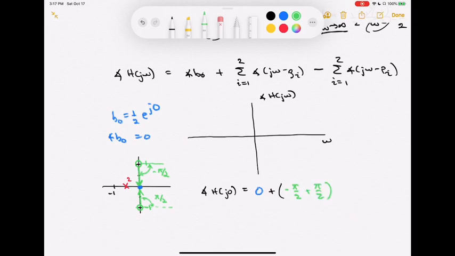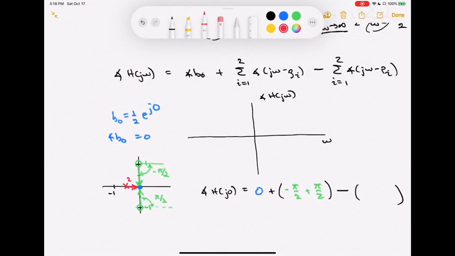And then I have to do what? I have to be willing to subtract, and I'm going to subtract the phase contributions due to the poles. So I need to be able to come in here and measure the angles of the poles. Both poles are in the same location, so they're both going to contribute the same phase amount. Where is the vector going? It's going from the pole to the frequency of interest, and there we see that it moves directly horizontal from left to right.